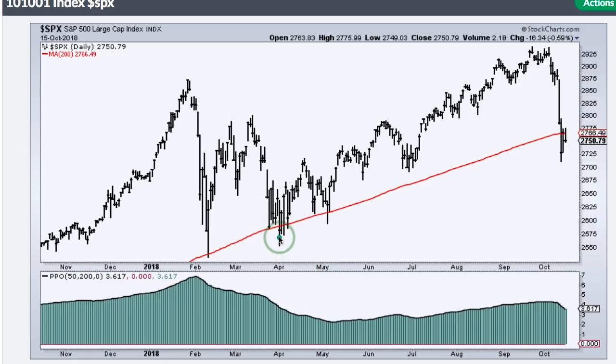And I dare say it's closed twice below the 200-day moving average in the last 3 days, and it did not do that in April. So this decline appears to be a little bit more behind it than the decline we had in February or April.